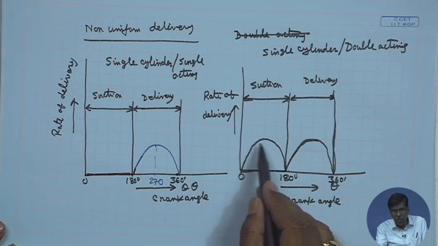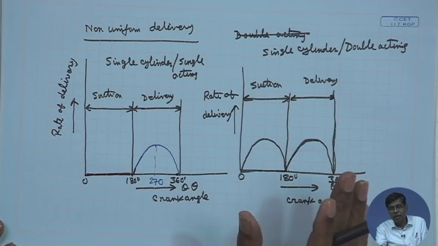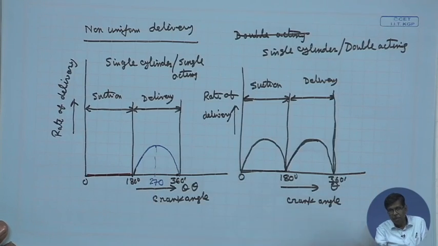But this non-uniformity of the delivery will always be there, because this is the inherent nature of this type of pump, because of the motion of the piston, which involves acceleration and deceleration. But this can be minimized to a great extent if we use multiple pumps, a larger number of pumps. In multiple pumps, what happens?